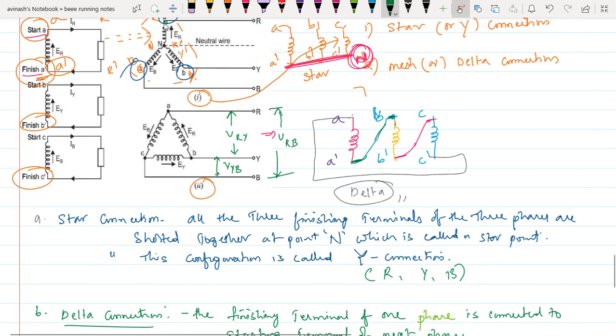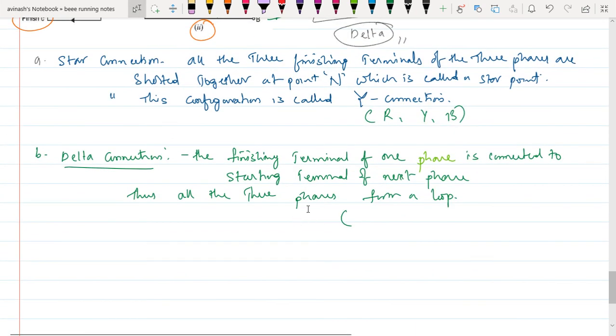The voltages at the junction points are individual: R, Y and B. Hope you understand that point. Thank you.